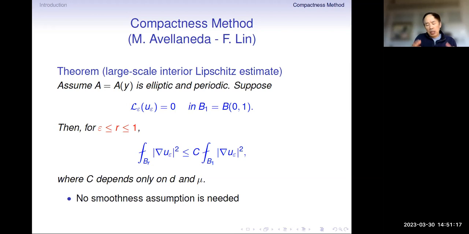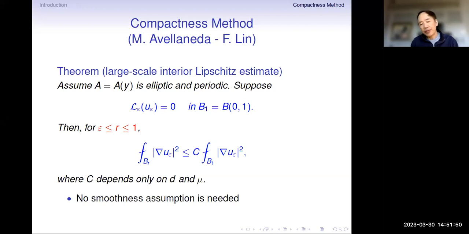Okay, so roughly just meaning that the L2 average of the gradient of the solution on a ball B_r is controlled by the L2 average of the gradient of the solution on a ball B1. And r here has to be between epsilon and 1. And C depends only on the dimension and the ellipticity constant mu.